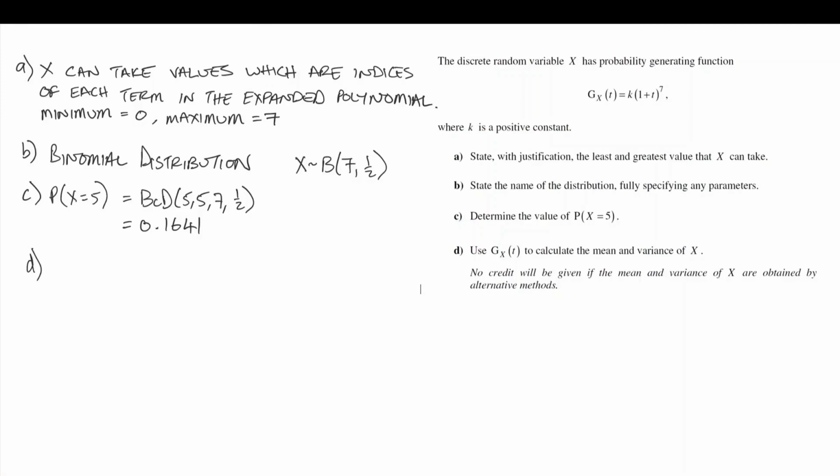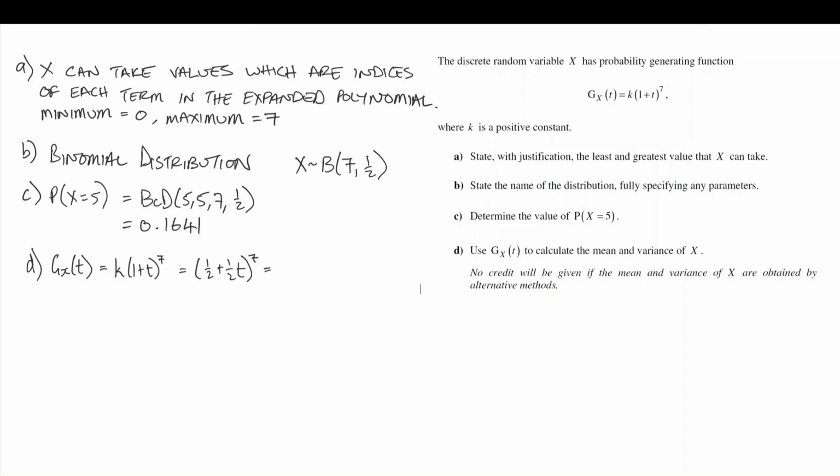Firstly, let's consider the probability generating function that we have. So, as I said before, there's a coefficient of k on the outside, and then we have this bracket that we know has a binomial expansion. We can actually rewrite this and figure out what k is going to be. Because we know this is a binomial distribution where p equals a half, we also know that this probability generating function could have been written as (half plus half t) to the power of 7.